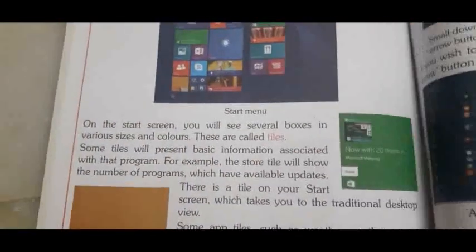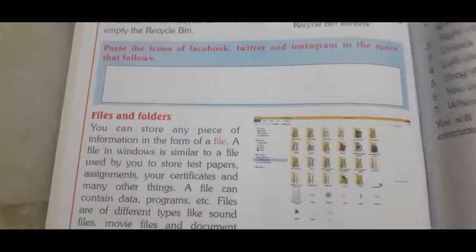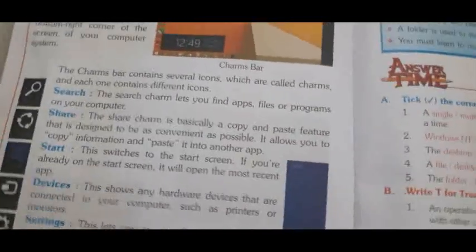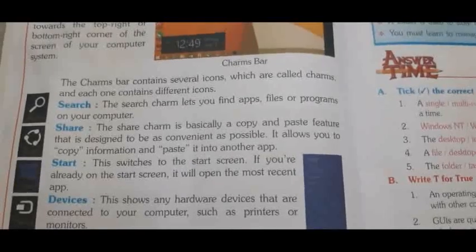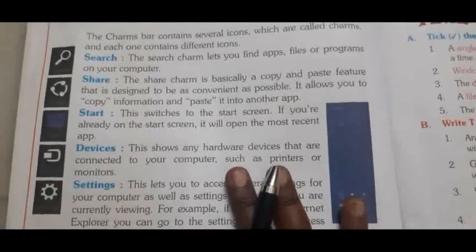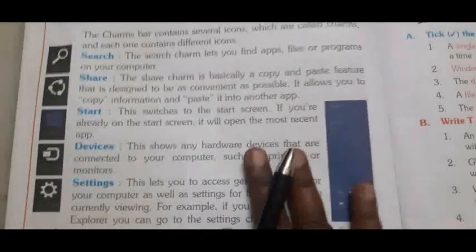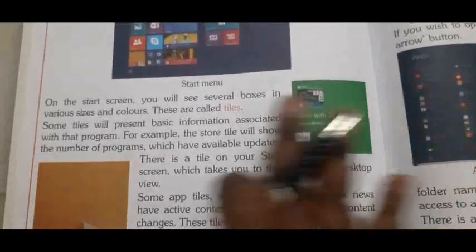Okay children, so this is about the lesson on the operating system. This lesson explanation is finished. I will send notes in the next class. Your homework is to revise this lesson thoroughly once, then you can understand very nicely.